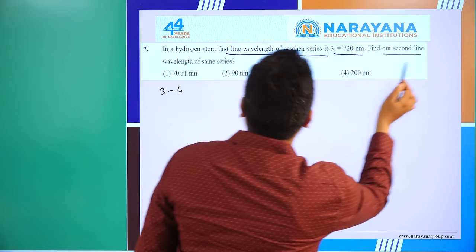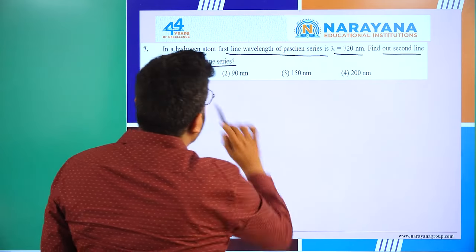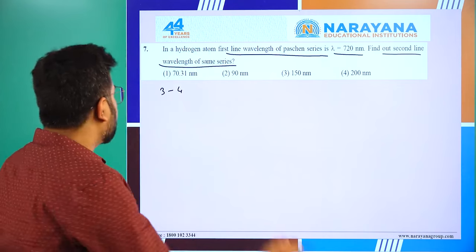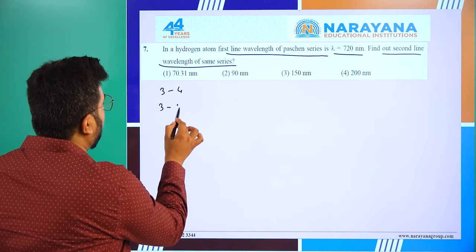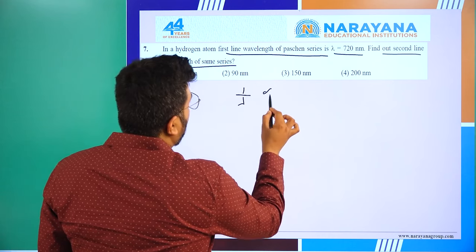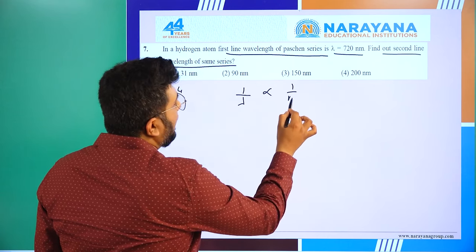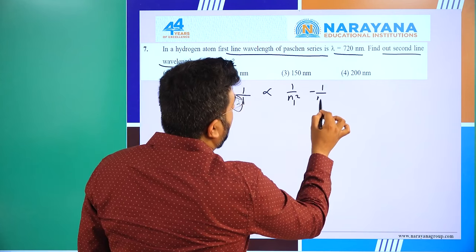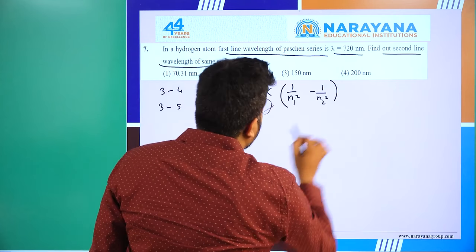Then find out the second line wavelength of the same series. So second line means 3 to 5. Now I know that 1 by lambda is proportional to 1 by n1 square minus 1 by n2 square. Fine.